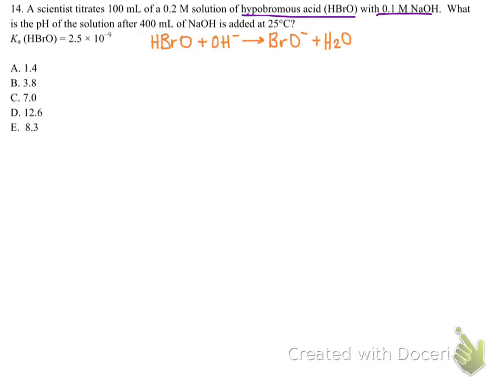Remember, it doesn't matter what hydroxide, or rather what strong hydroxide we use. The Na plus is just coming along for the ride. What matters is that we have a source of OH minus here. Okay? So our reaction is going to be hydroxide plus our weak acid.